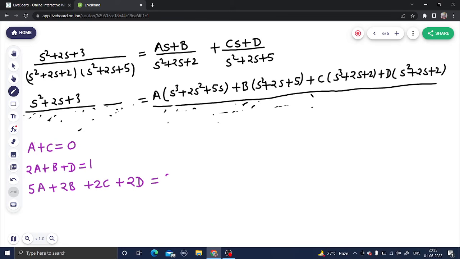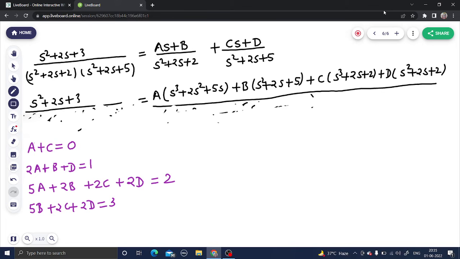So this is equal to 2. Now if we compare the coefficient of the constant term, the constant term is 5B from the second, 2C and 2D, and that is equal to 3.